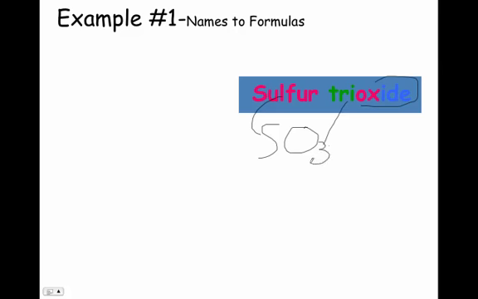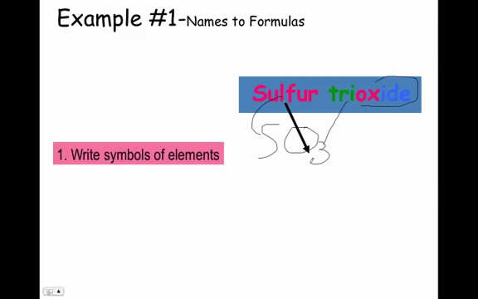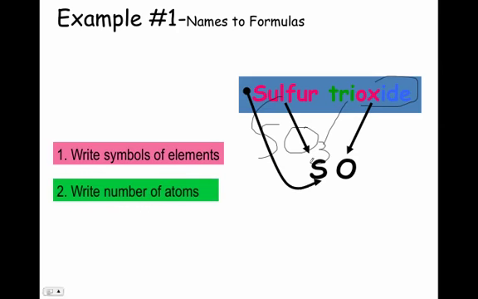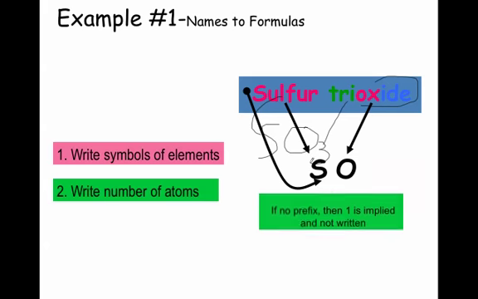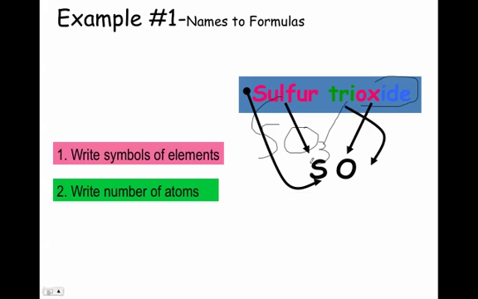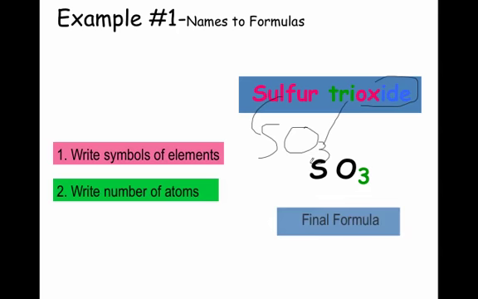So let's walk through this. We write S, O, we write the number of atoms, 1, but we never write 1 in chemistry, so we drop the 1, and then we write 3 there for tri, and we're done. Final formula.